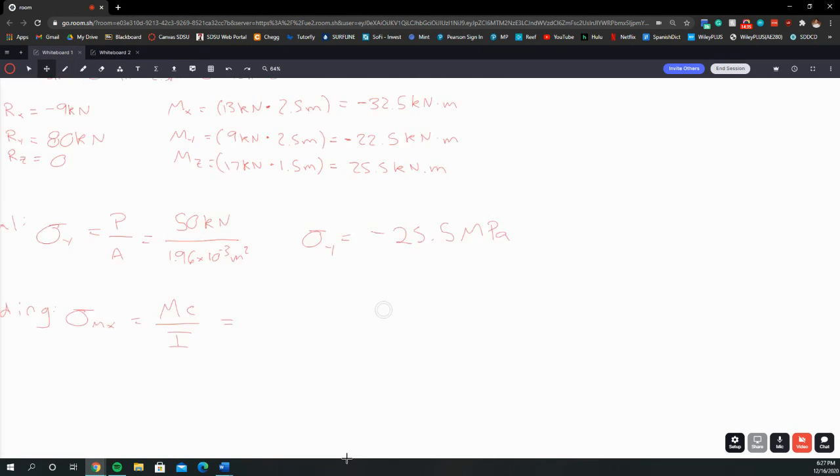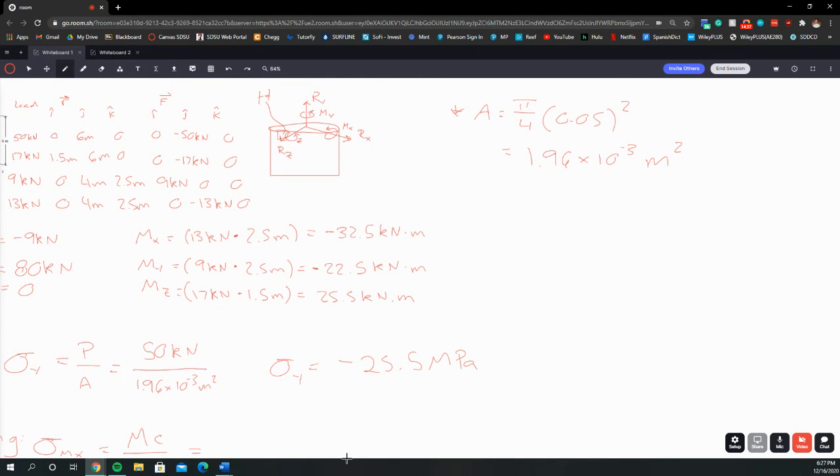So I for a solid cylinder is equal to pi over 4 times the radius, 0.025 meters to the fourth. So I equals 3.068 times 10 to the -7th meters to the 4th.